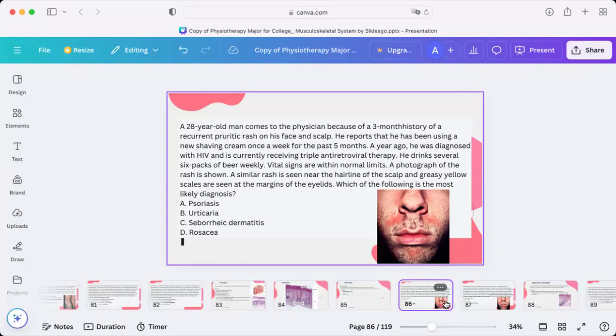Vital signs are within normal limits. A photograph of the rash is shown. A similar rash is seen near the hairline and the scalp. And greasy yellow scales are seen at the margins of the eyelids. Which is the most likely diagnosis?